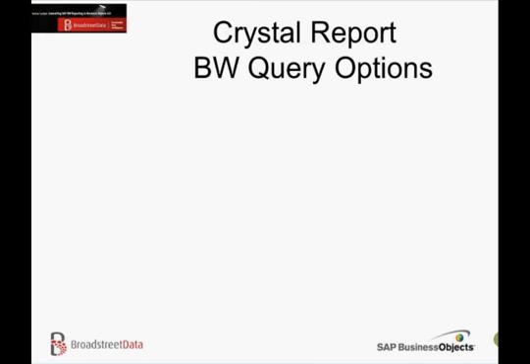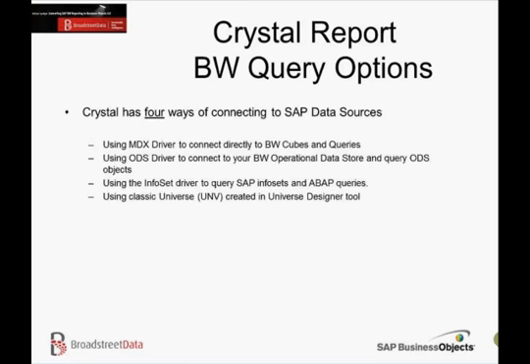Now we're going to take a look at some of the tools more specifically in Crystal Reports and how it can connect to BW. So within SAP Crystal Reports, we have 4 different ways of connecting to SAP data sources. We have the MDX driver, which is our BICS connectivity, that connects to BW cubes and queries directly.